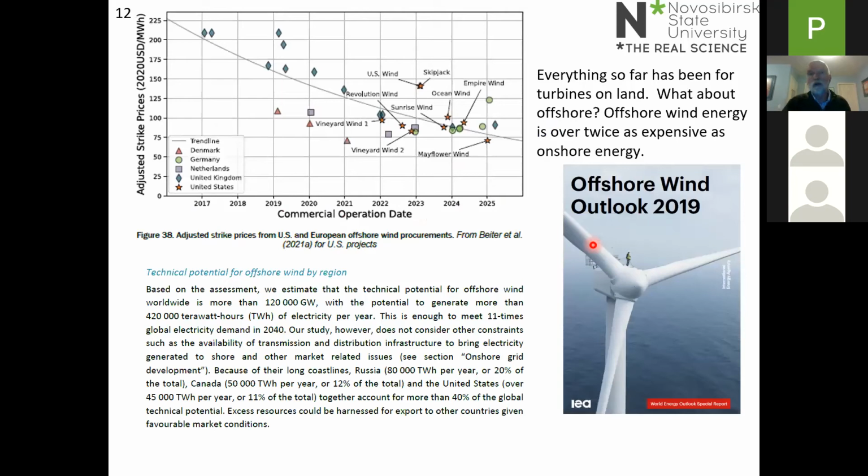If we go to offshore wind, then the same trend of decreasing price has occurred, but the actual magnitude of the cost of offshore wind is still substantially greater than the price of onshore wind. Typically, it's at least twice as expensive as onshore. So the question is, why is there so much offshore wind power?